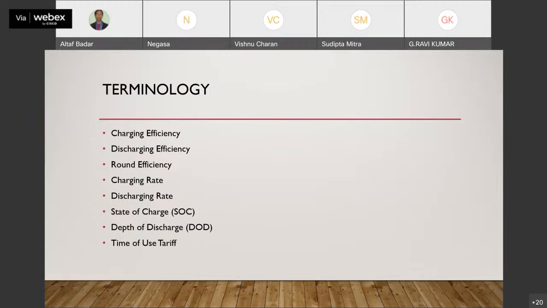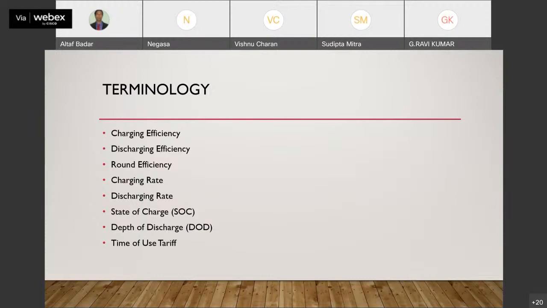Suppose I have given 100 kilowatt as input to a particular battery, what do I get in return out of that 100 kilowatt? What was charged and what was discharged has to be considered, and by that I'll understand the round efficiency of the battery.